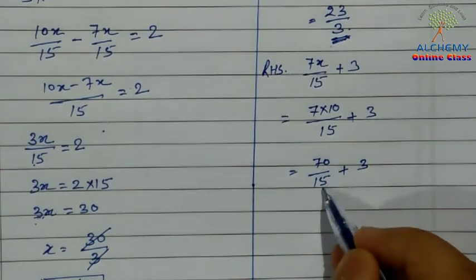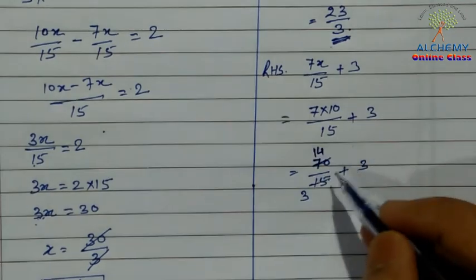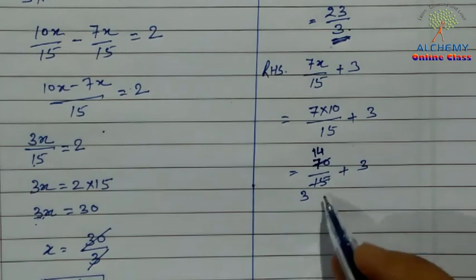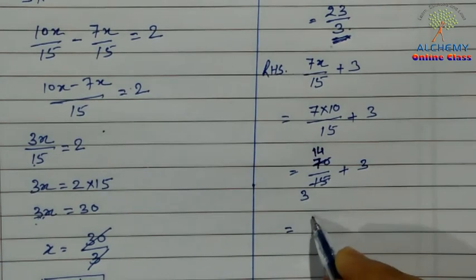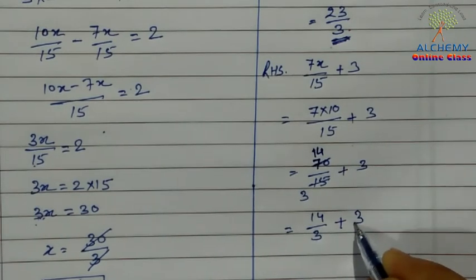We can simplify it. So it can be cancelled by 5. So this 70 can be divided by 5 in 14 times, and 15 can be divided by 5 in 3 times. So now we have the value 14 upon 3 plus 3.